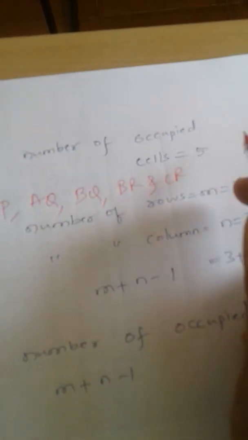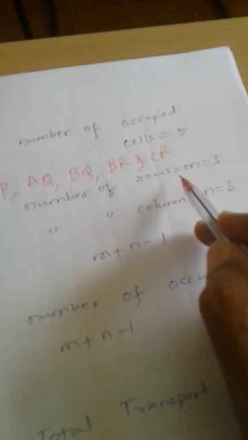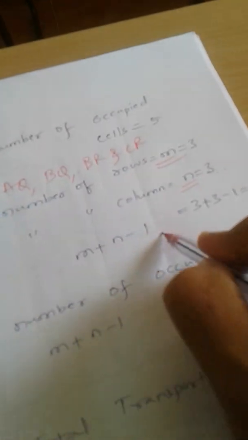Okay, so all these 5 are occupied cells and total number of rows is equal to 3. We can consider it as M, and total number of columns is equal to N. So both are 3 and 3. Now we have to use this equation M plus N minus 1, that is equal to 5. 3 plus 3 minus 1 is equal to 5.